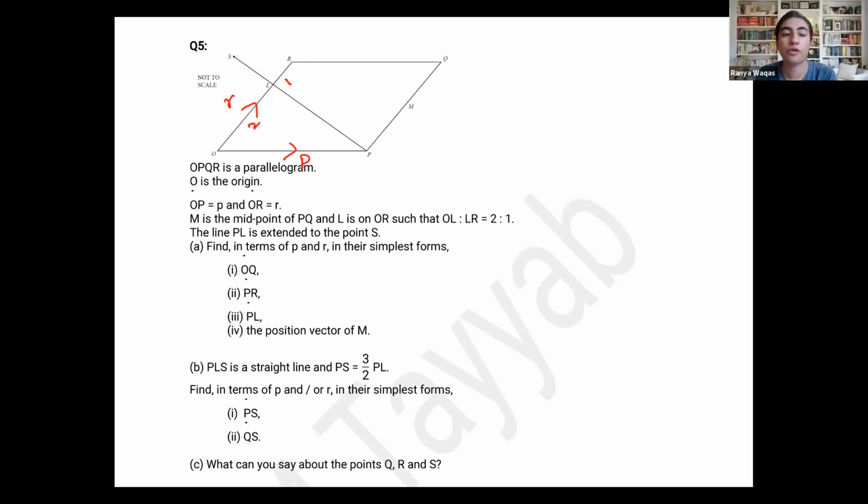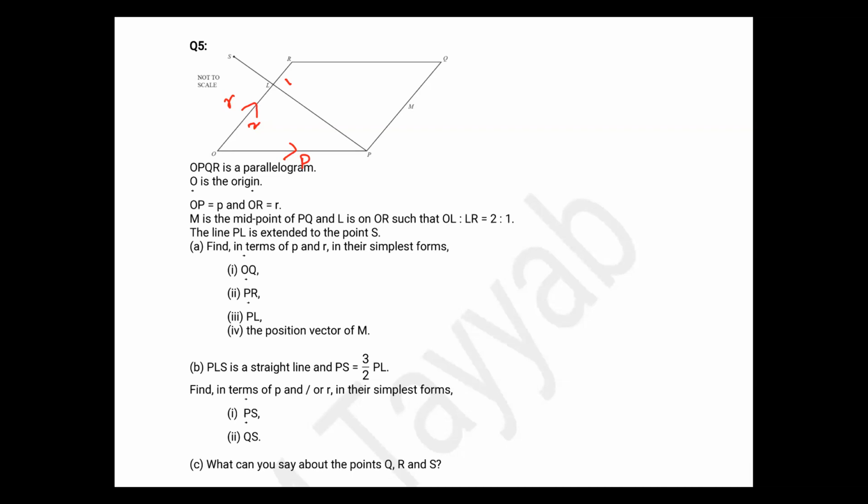Not sure. Okay. Yes, Zoya Bilal. R plus P. Yes, that was quite easy to find, vector OQ.